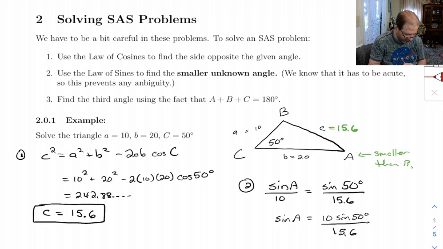So 10 sine 50 over 15.6, I get 0.49105, etc. That's really close to a half, so it looks like A is going to wind up being really close to 30 degrees. But I'm going to take the inverse sine of that answer. Yeah, I get 29.4 degrees.